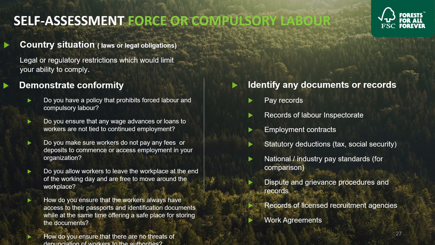Any employment contracts, which demonstrate that workers have entered voluntarily into employment and not against their will. Statutory deductions, such as Social Security, income tax, and other benefits, which demonstrate your workers are registered and are on your books. Dispute and grievance procedures and records demonstrate workers can freely submit complaints without threat or punishment.